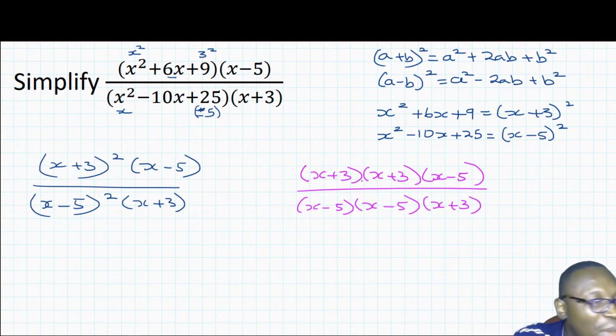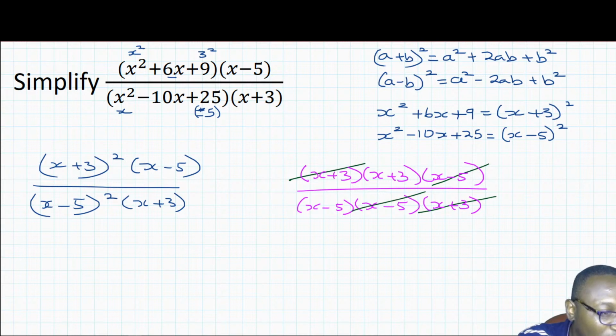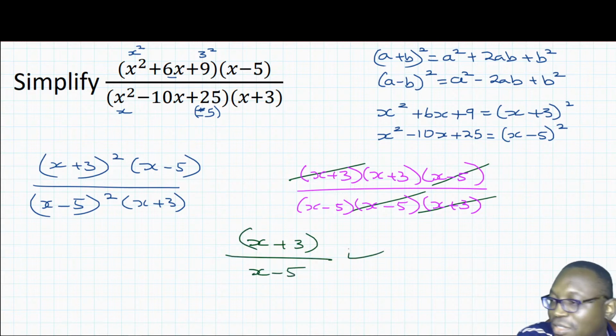What you have to remember is when you're dividing, you can look for common terms. So here you have x plus 3, x plus 3, x minus 5. Let's see if we have another x plus 3. We have 1 here. We can cancel this out. And then is there another x plus 3? No. What about x minus 5? We have 1 here, and then we have 1 here. So you end up having (x plus 3) divided by (x minus 5) as your answer.